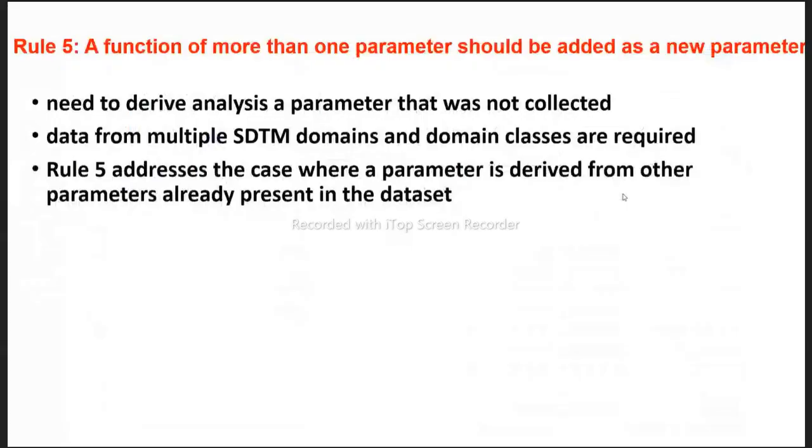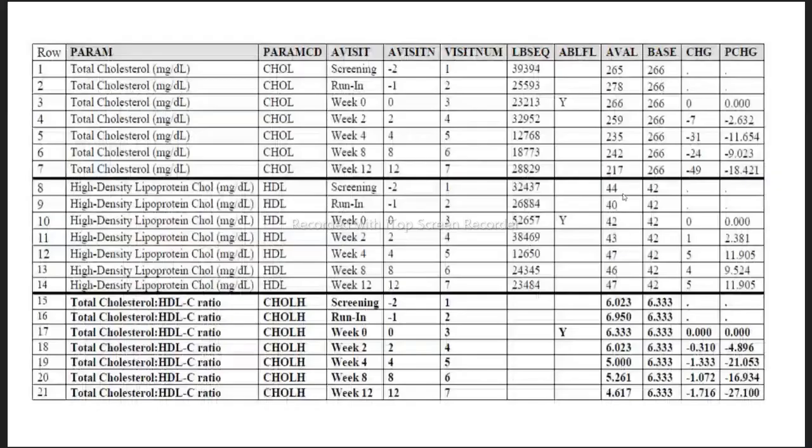Now, the fifth rule: a function of more than one parameter should be added as a new parameter. A function of more than one parameter means, based on more than one parameter, we are going to create a new parameter. Say for example, here I have two parameters: total cholesterol in mg per deciliter, and one more parameter, high density lipoprotein cholesterol in mg per deciliter.